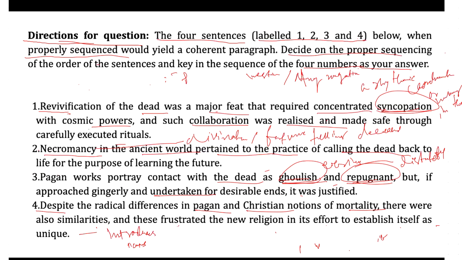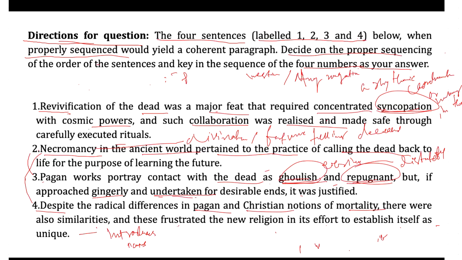So after 4, if you see option 2, what does it state about? Necromancy. It creates the context by explaining that necromancy in the ancient world was about calling the dead back to life for divination, isn't it? Sentence 3 builds on the idea of necromancy and how it was portrayed in pagan works, because it states pagan works portray contact with the dead as ghoulish and repugnant, but if approached delicately, undertaken for desirable ends, it was justified.